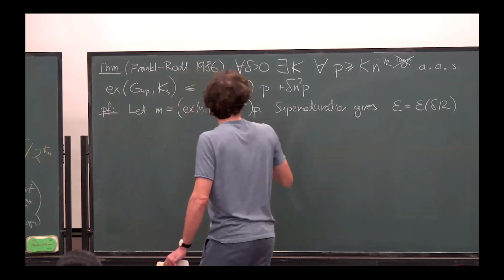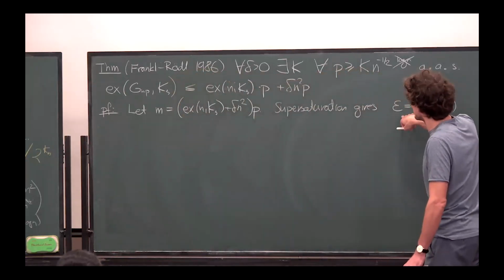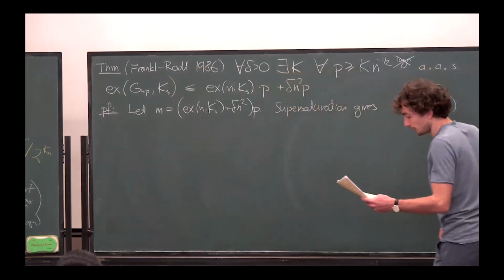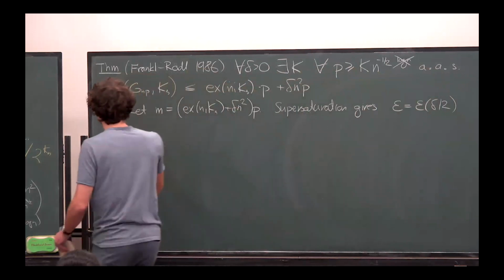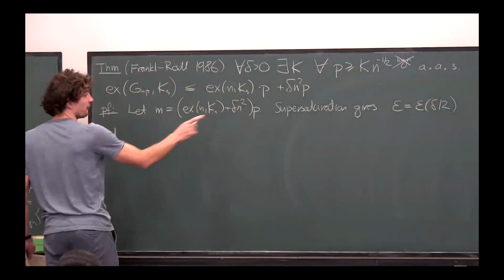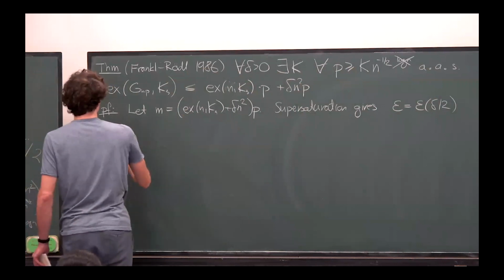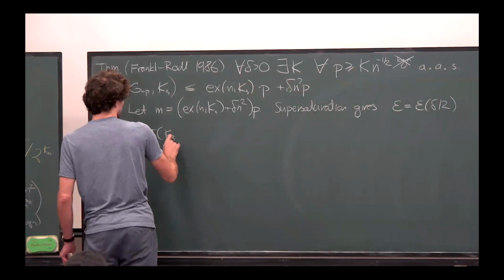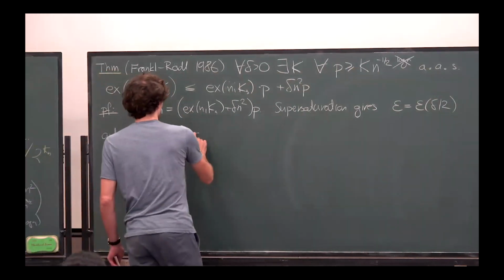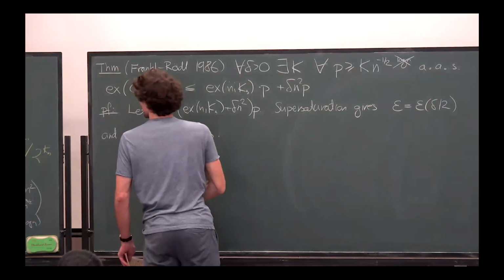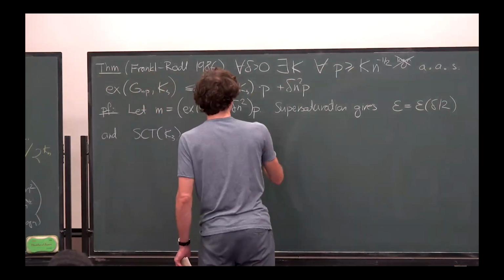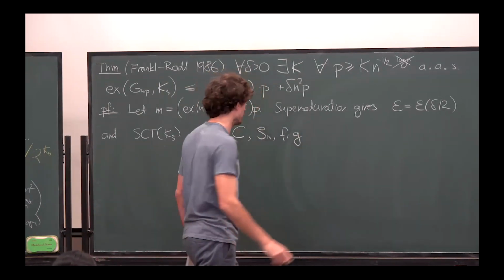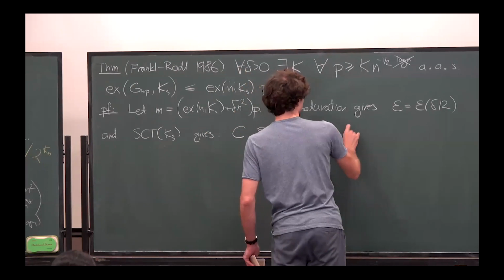Or in the contrapositive, if a graph has fewer than epsilon n cubed triangles, it will have fewer than this plus delta over 2 n squared edges. And now we feed this epsilon to this theorem. So the strong container theorem for triangle-free graphs gives first the constant C, the family Sn, and the functions f and g as in the theorem.